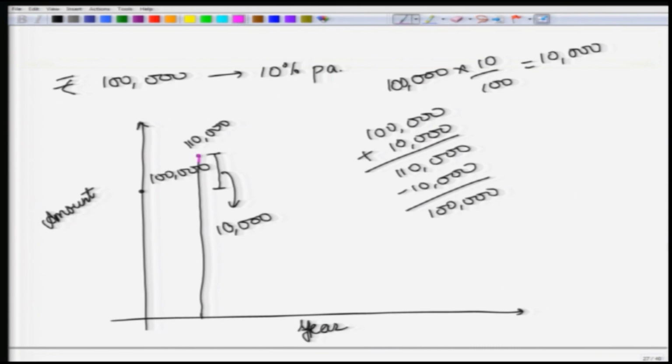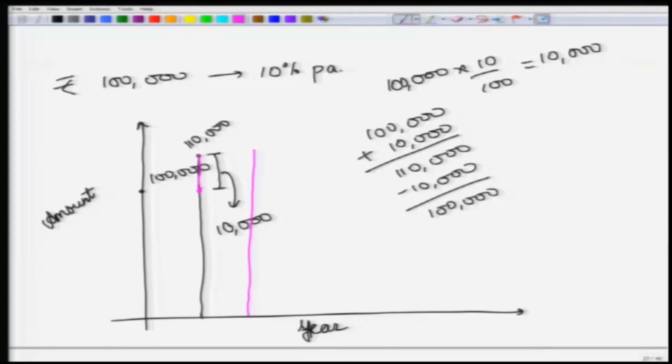So, from here you have shifted back to this point. Now, at the end of the second year, again the bank is giving you the interest. Because the principal is the same, it is 100,000 rupees, the interest also is the same, it is again 10,000 rupees, and so the amount again goes up to 110,000.